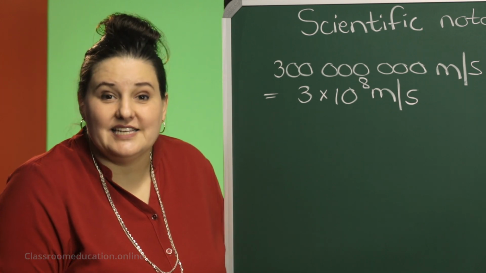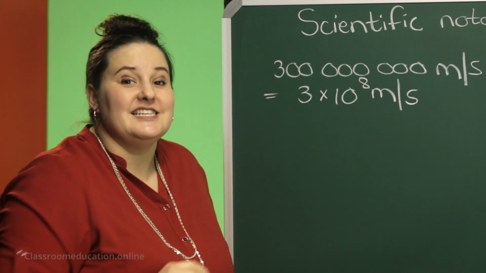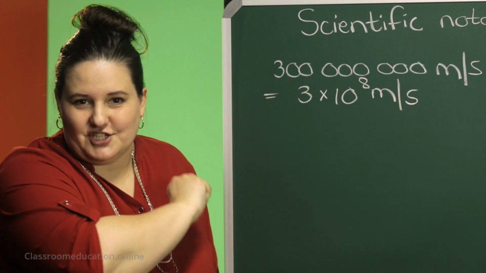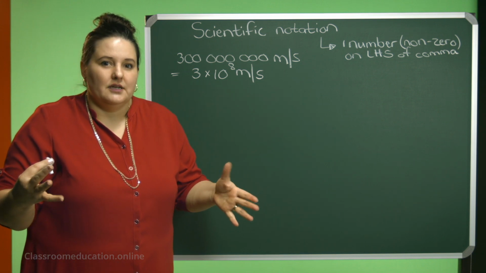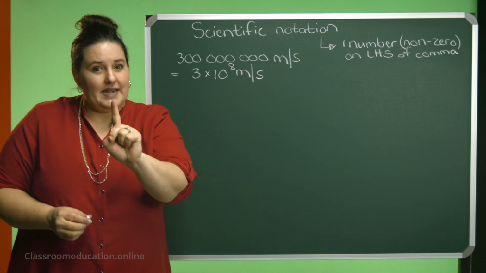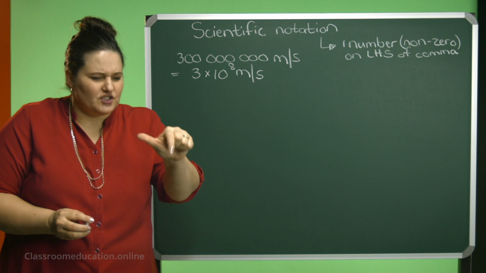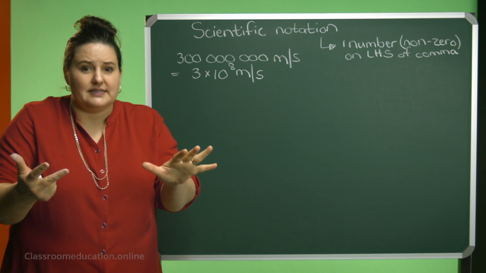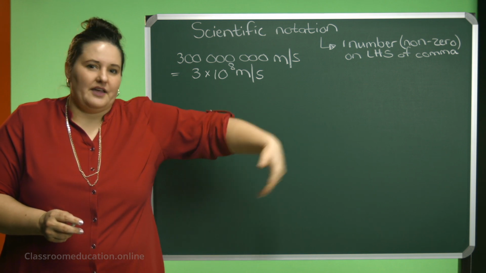So what is this lesson all about? This lesson is all about scientific notation. So boys and girls, what is scientific notation? Scientific notation is, I would like to have one number that's a non-zero, a 1, 2, 3, 4, 5, 6, 7, 8, 9, and then the comma, and then everything else.